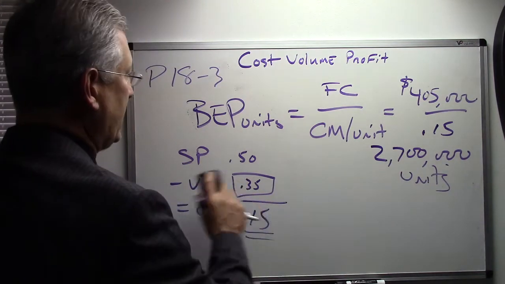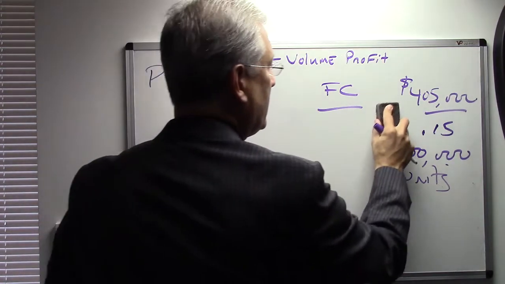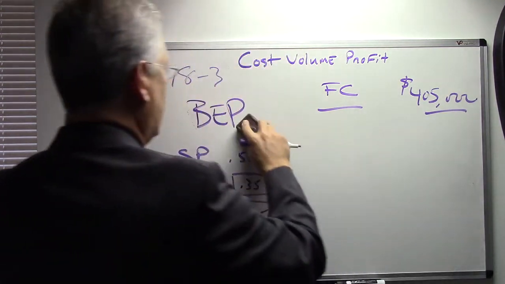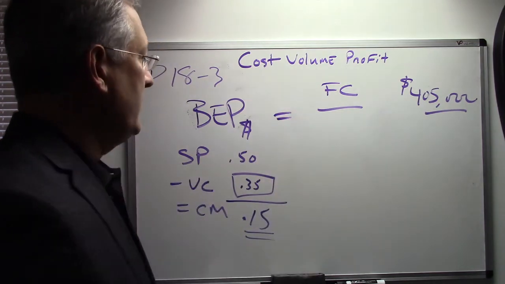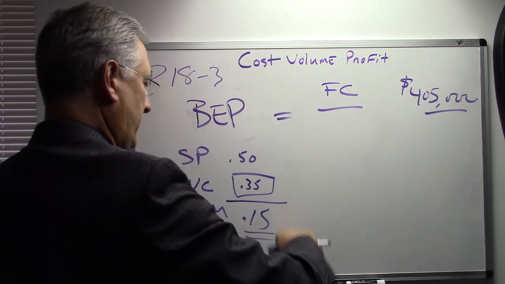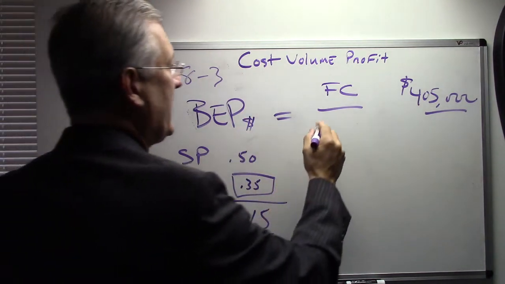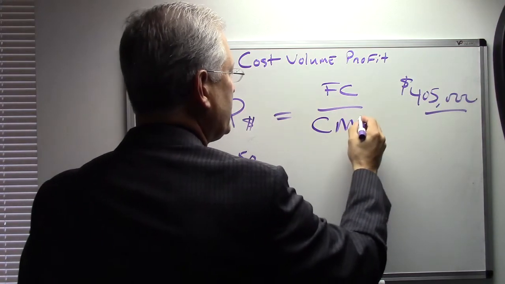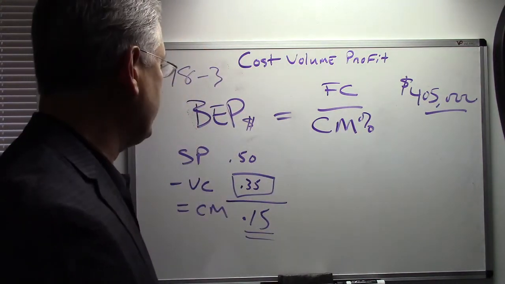Next question is asking for the break-even point in sales dollars. So the break-even point in sales dollars is going to be the fixed cost divided by the contribution margin ratio, the contribution margin percentage.